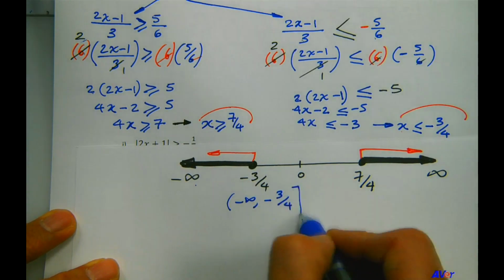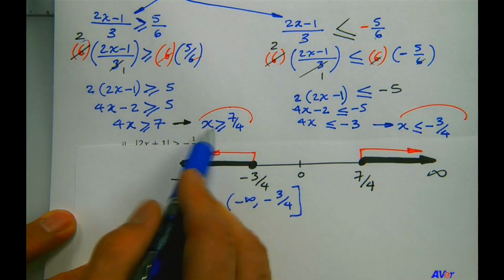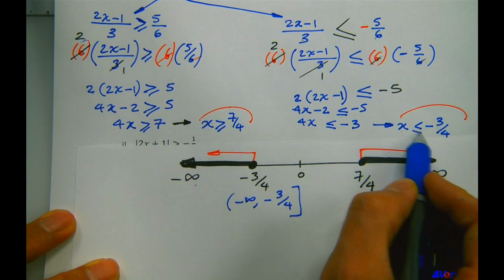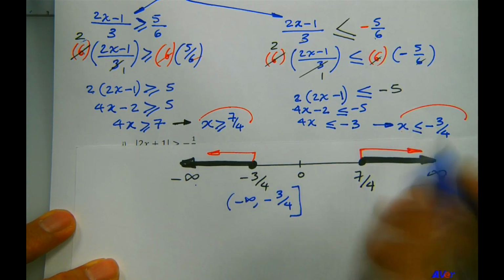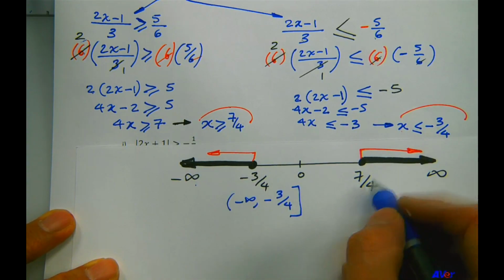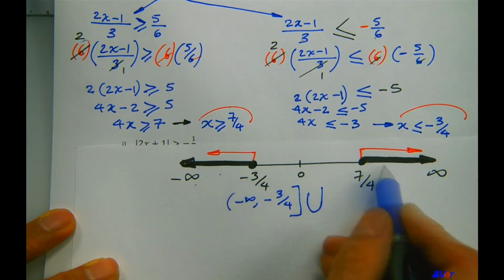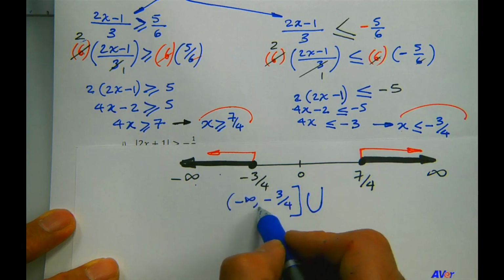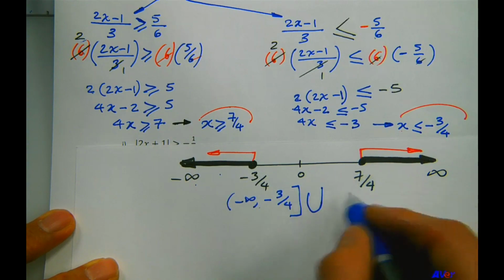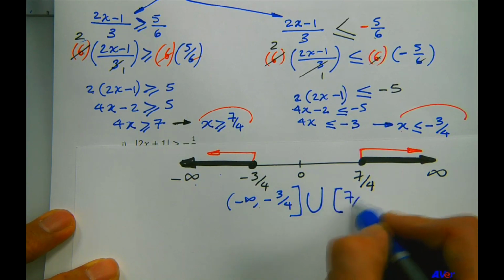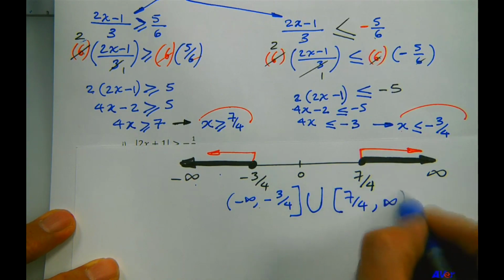If you said bracket, wonderful. That means you didn't forget that we have equality here. Okay? So then union, right? This union means either this piece or that piece. So then we have bracket 7/4, right? Comma, positive infinity.